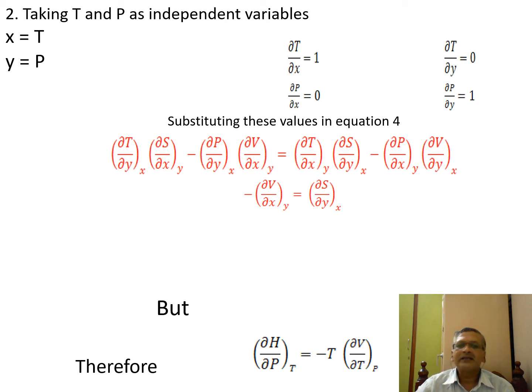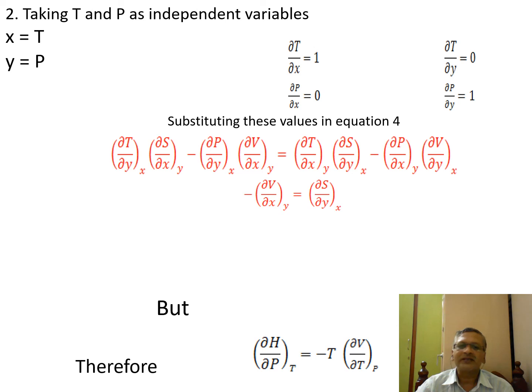In the RHS, ∂T upon ∂x is 1 and into ∂s upon ∂y, keeping x constant, minus ∂p upon ∂x is 0. Next, another RHS term is 0. Therefore, the remaining terms are minus ∂v upon ∂x, equal to ∂s upon ∂y, keeping x constant.